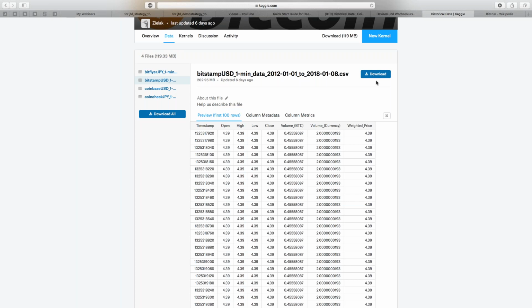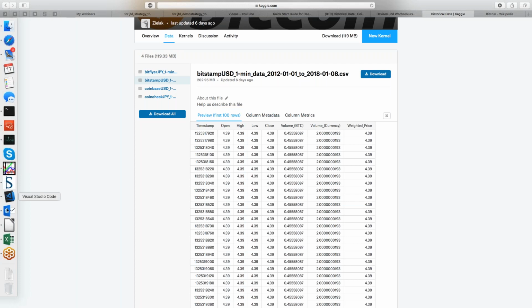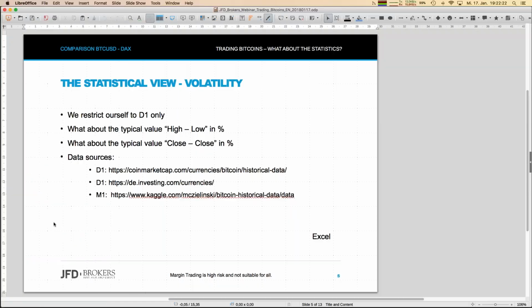And then you can download here even Bitcoin prices on M1 base. There are not very many data sources for Bitcoins on smaller time frames than D1, but here's a good one. So if you're interested in those, no problem, you can download them here.